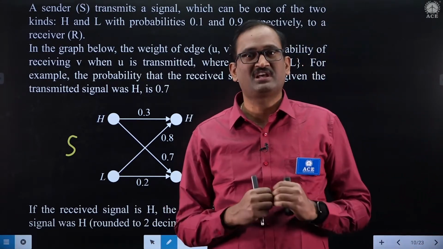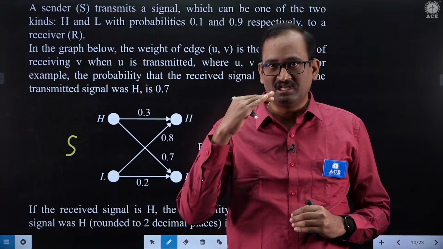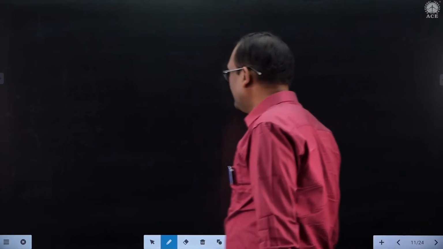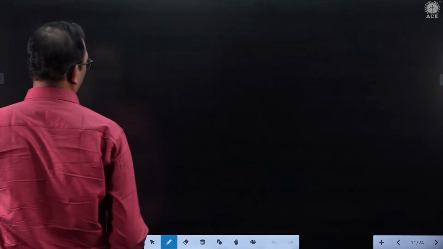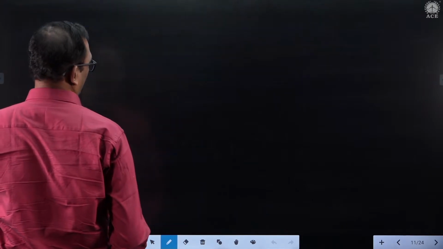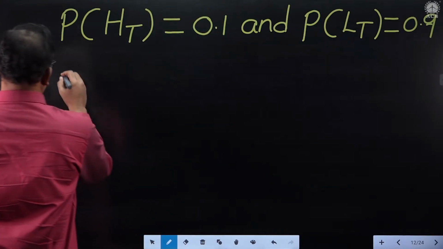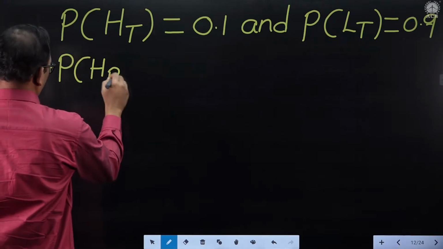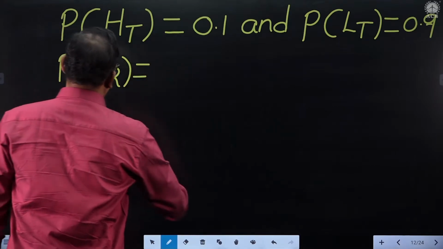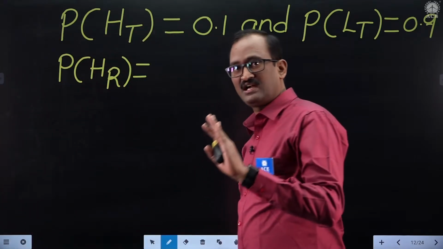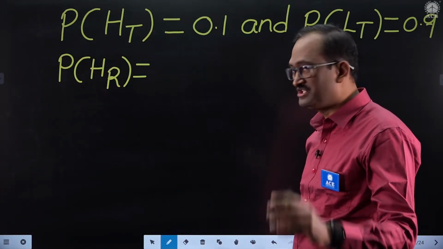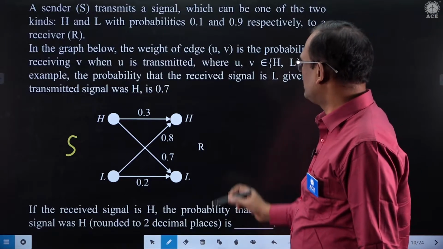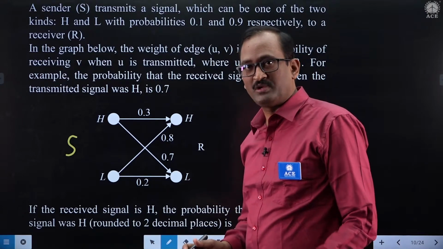First, let me calculate the probability of received signal is H. Probability of H receiving. So let us write the cases regarding probability of signal H is receiving. So H receiving, what are the probabilities?